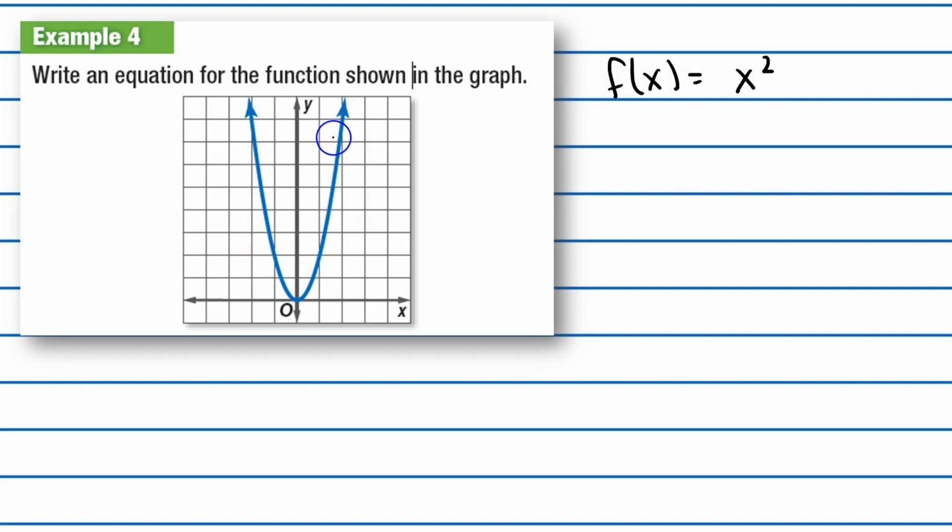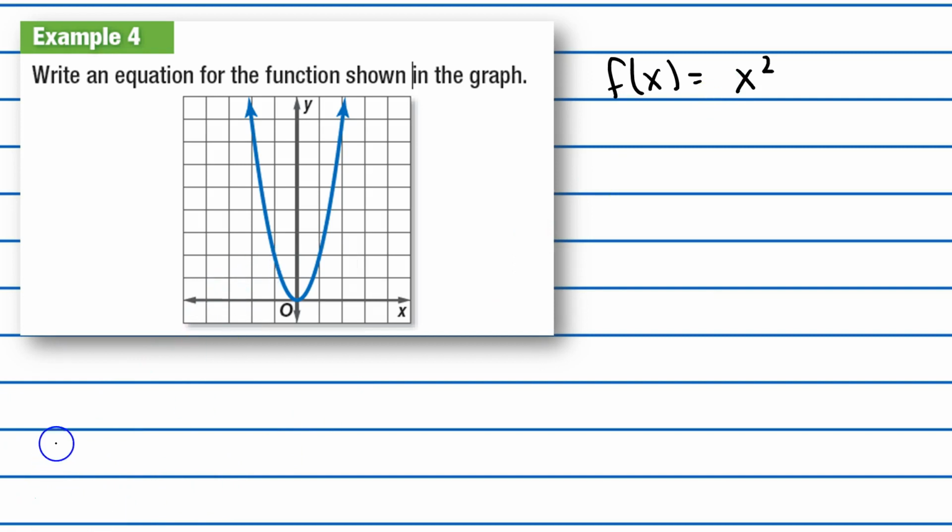It's a parabola. It makes a u. And we know it has to be positive, like we said, because it opens up. So good so far. I don't need a negative. If it was opening down like this, then I would need to have a negative here. But for this one, not the case.